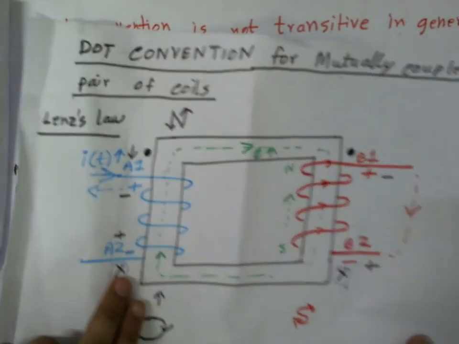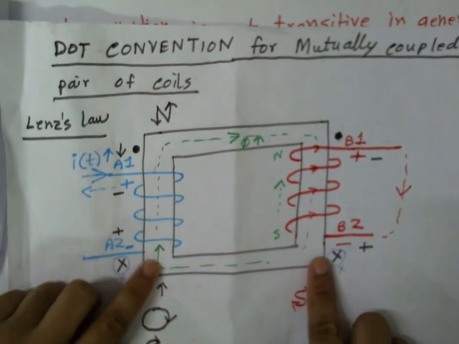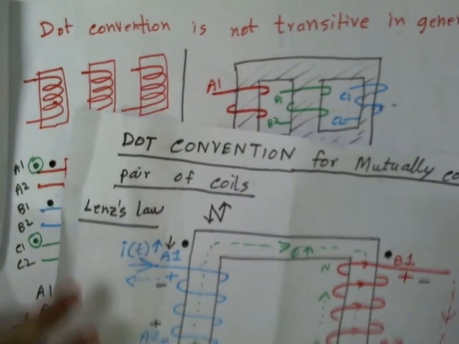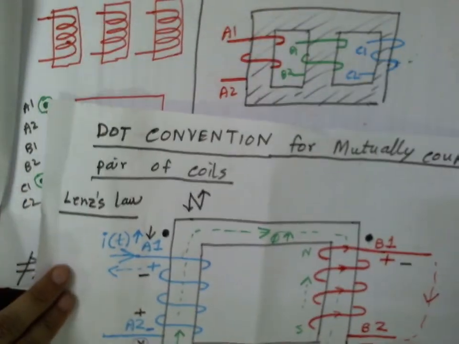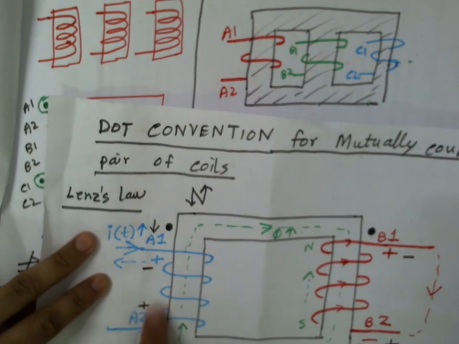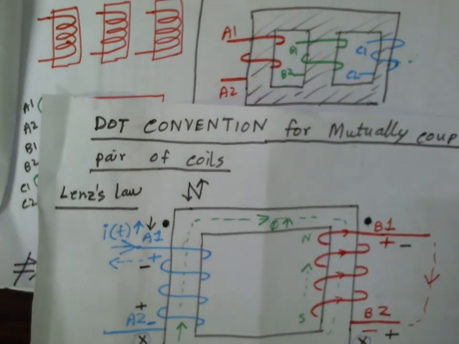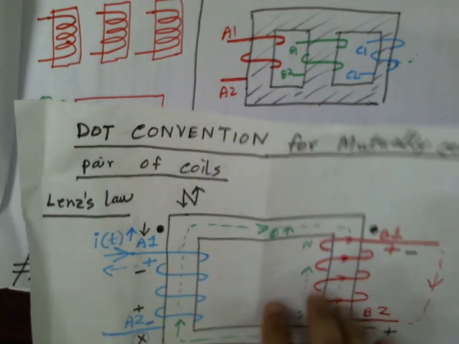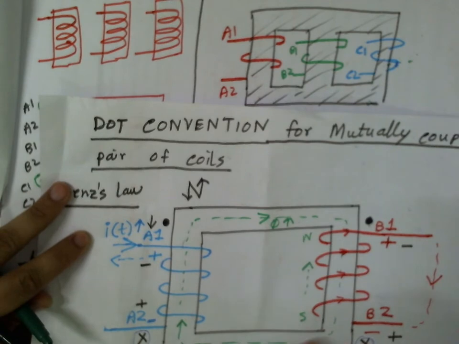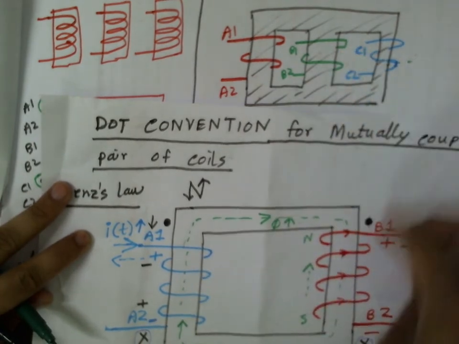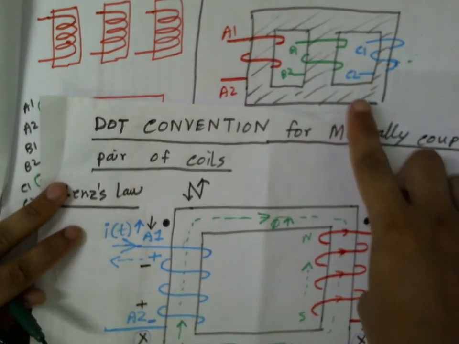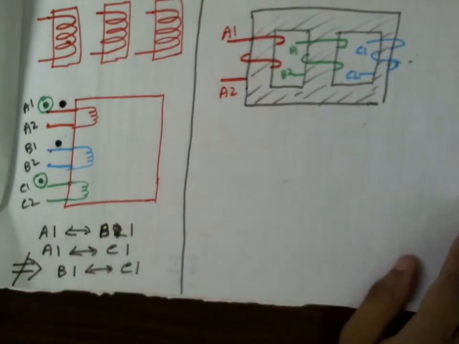If we look at this diagram, we'll see that coil A and coil B, we cannot use this diagram. Here coil B and this coil B are wound in opposite directions. Okay, we don't need it. We'll do it here.